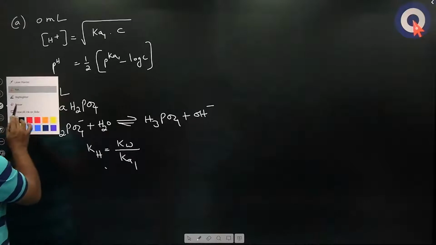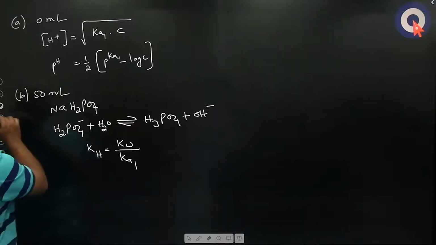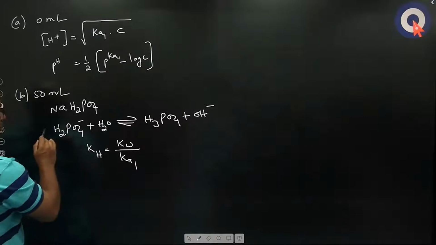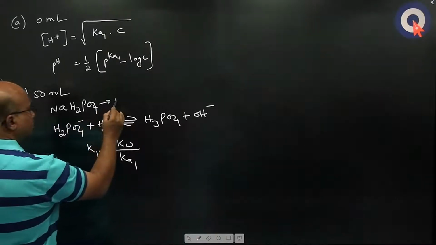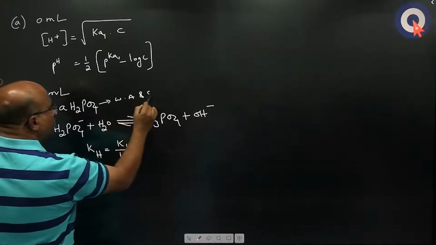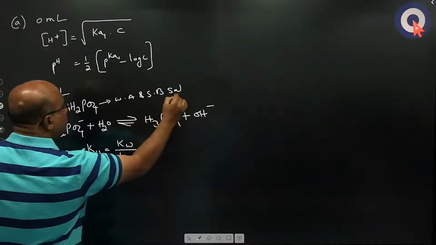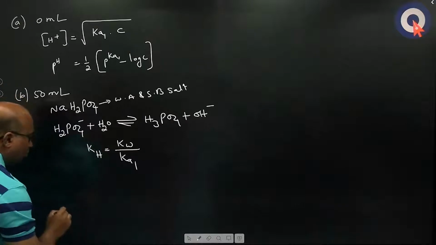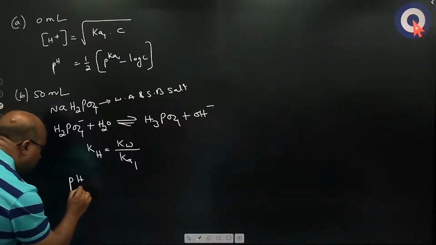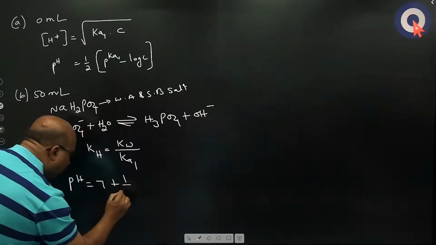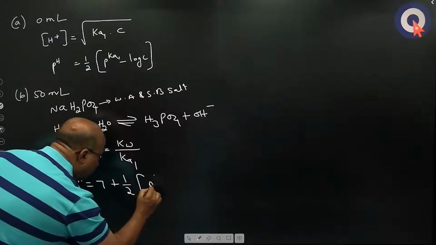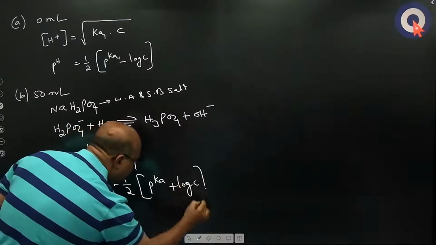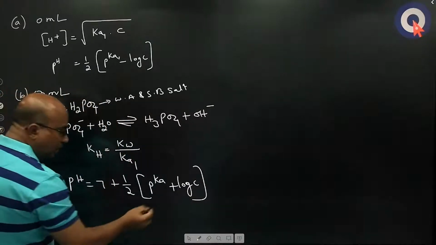If you take, let us say, the simplest expression for a salt of a weak acid and strong base, the general expression is pH is equal to 7 plus half into pKa plus log of C. But what is this C?